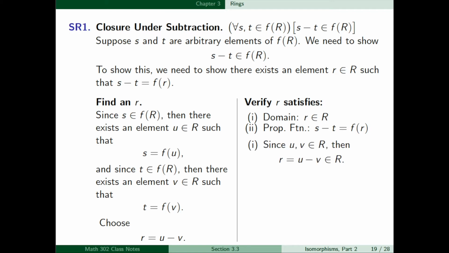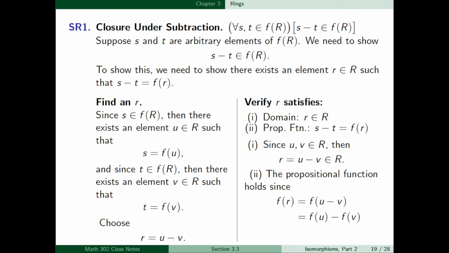And since u and v are both in R, then r equal u minus v is in R. And the propositional function holds since f of r will be equal to f of u minus v, which is equal to f of u minus f of v. That follows from our theorem that f preserves subtraction, and this is s minus t.